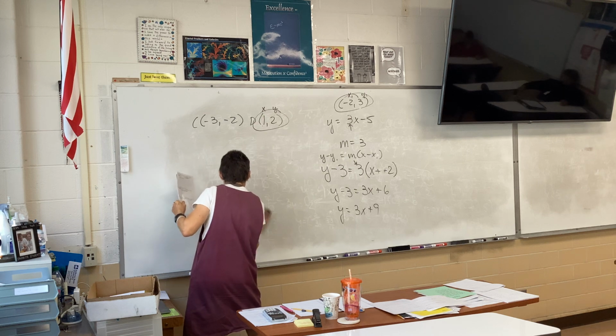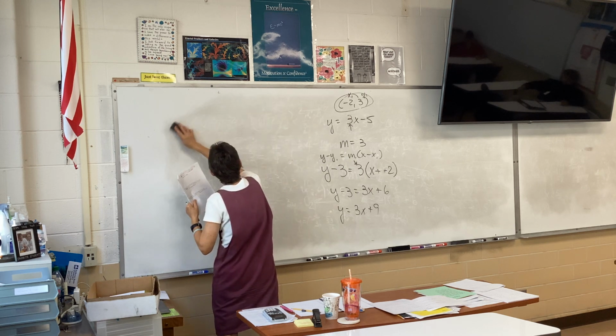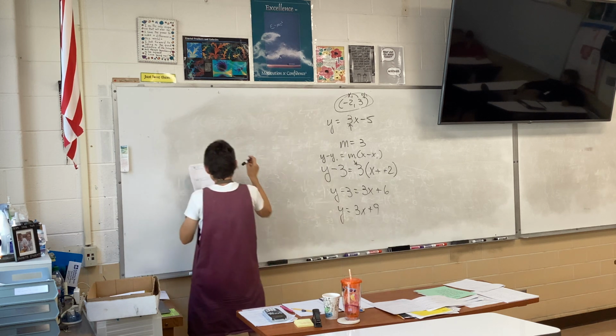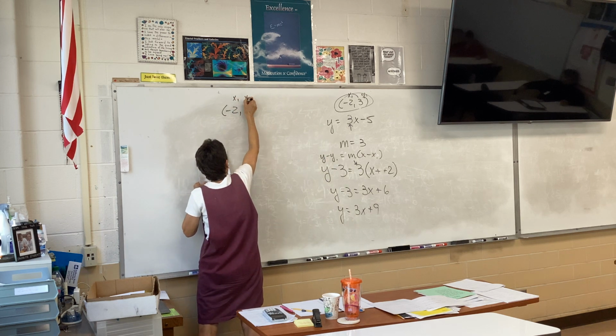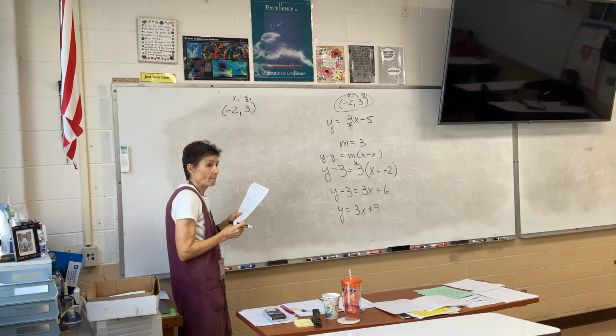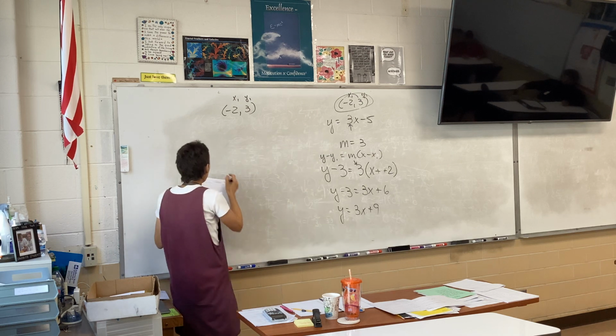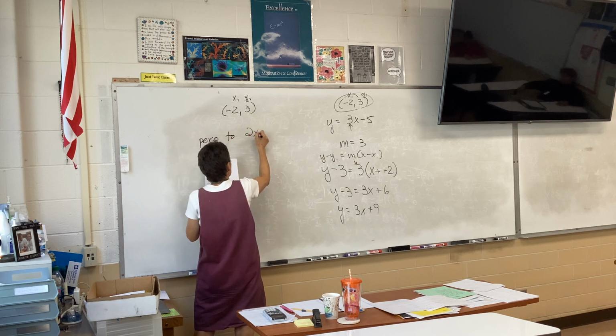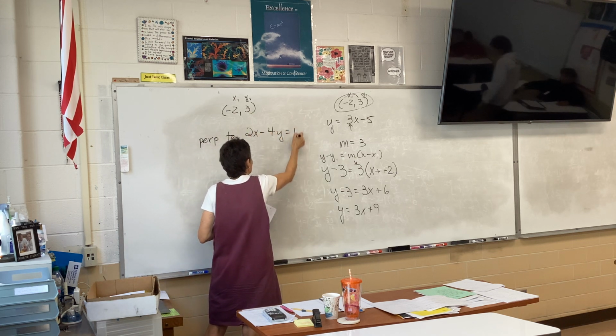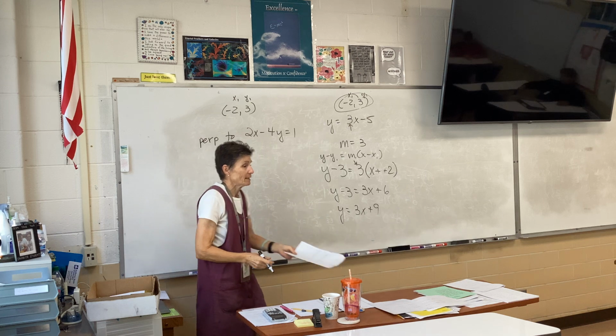Now the next one is very, very similar. They give us the same point. So this is my x1, y1. But I have to be perpendicular to this. Now, do you remember anything about perpendicular?